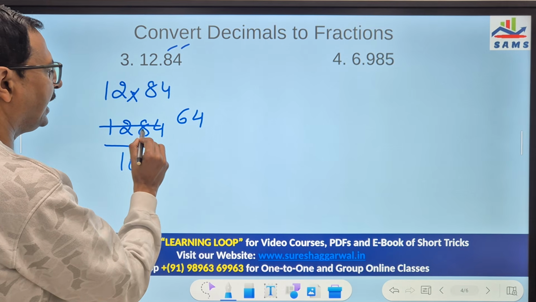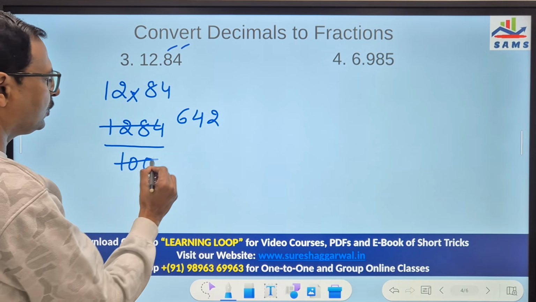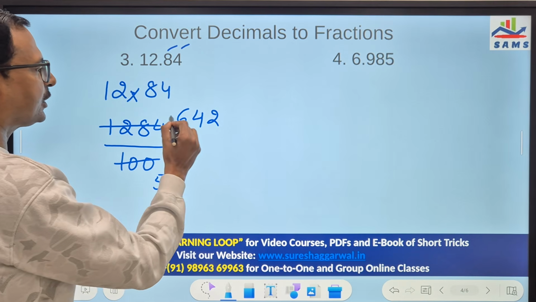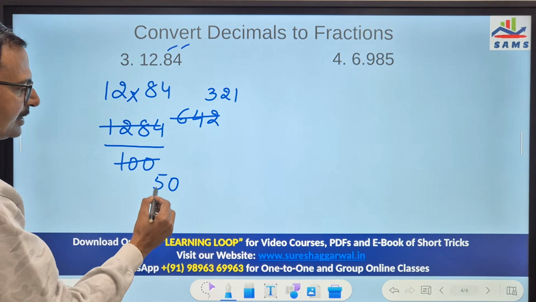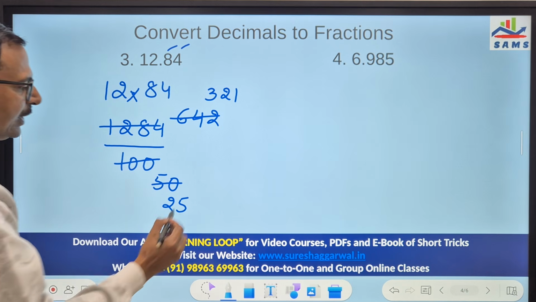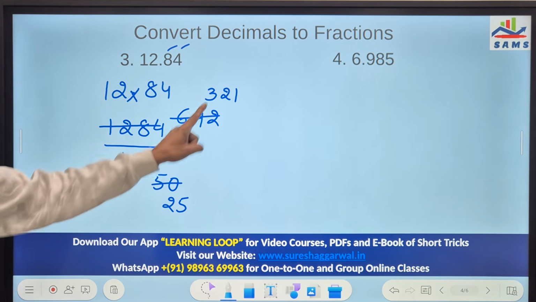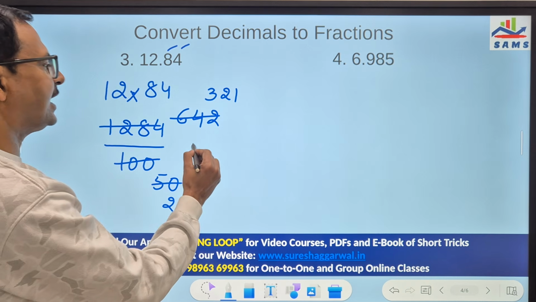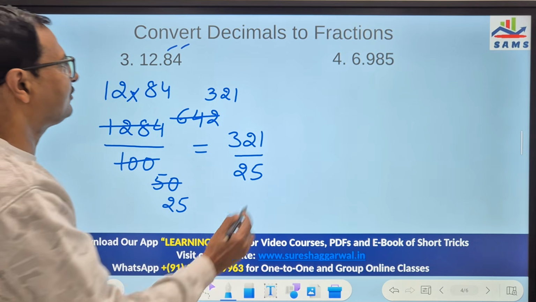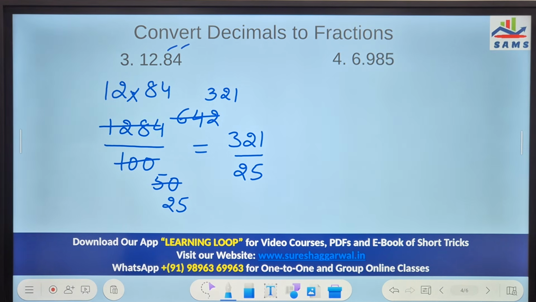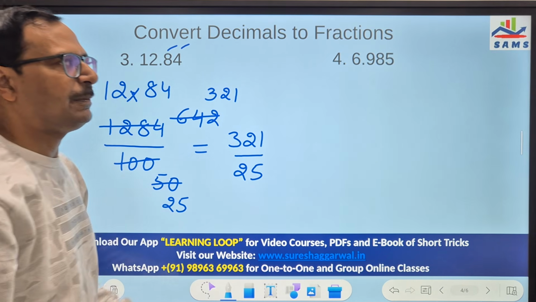So 4, and then we have the 2, and here you have 50, then 642 again divisible by 2, 321, and this is 25. Now 25 is 5 into 5, and 5 doesn't divide 321, so the answer is going to be 321 upon 25 itself, which will give you 12.84 as the decimal part.